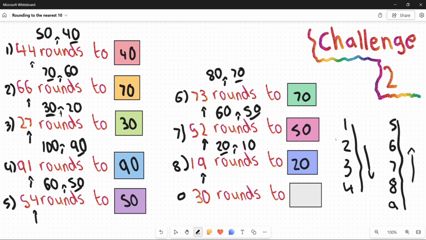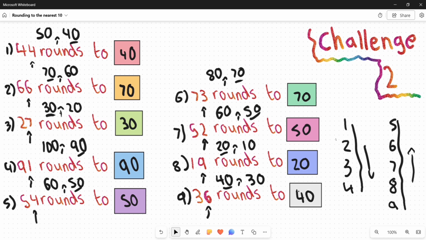And the last and final question of this video says 36 rounds to dash. So the number 36 is in the middle of 40 and 30. And when we look at the number in the ones place, which is 6, it tells us that we have to round up. So the closest number to round up to is 40. Therefore, the final answer of our final question is 40. So 36 rounds to 40.